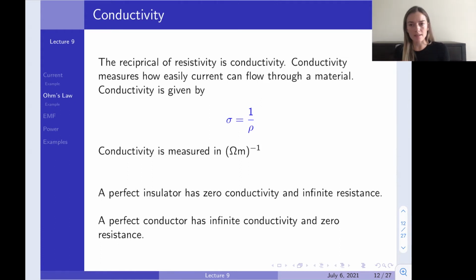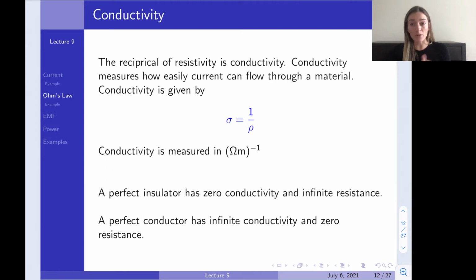Since conductivity and resistivity have this inverse relationship to each other, that means for a perfect insulator, now remember an insulator we said the charges are not allowed to move. So in a perfect insulator, if you apply an electric field, none of those charges will move. It has infinite resistance and 0 conductivity because of this reciprocal relationship.